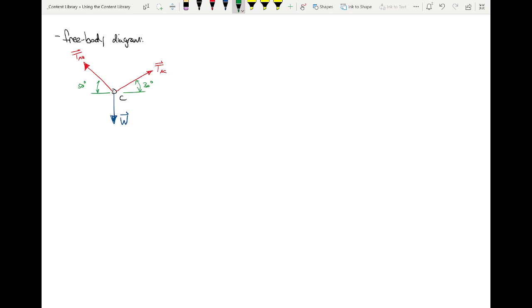If you're okay with this, then what we need to do is write descriptions of the vectors. I'm going to put this over here: description of vectors in IJ notation.